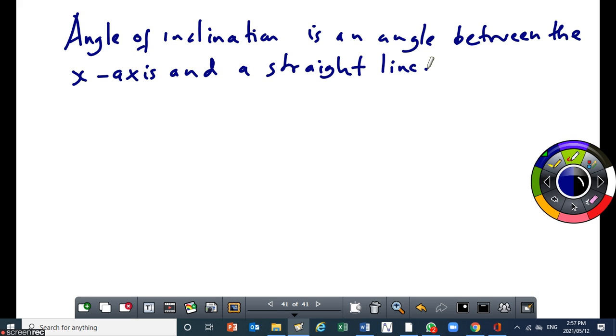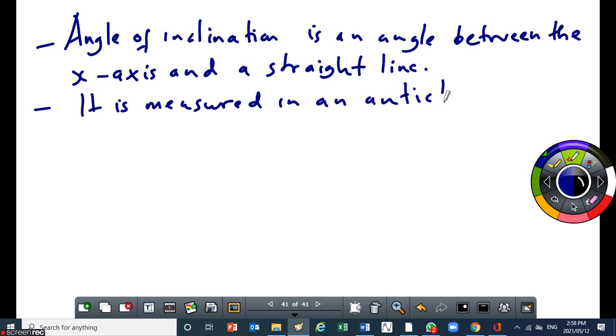It is measured in an anti-clockwise direction from the x-axis. So in our diagram, that theta is not the angle of inclination because it's not an angle between the x-axis and a straight line.